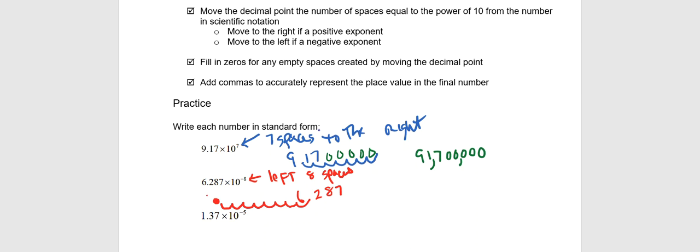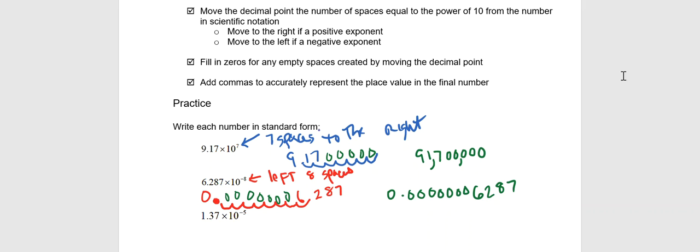Park my decimal point. You can even put the 0 on the other side, but fill in our empty spaces with zeros. So I'm going to get 0 point, and it looks like 7 zeros: 1, 2, 3, 4, 5, 6, 7, 6, 2, 8, 7.